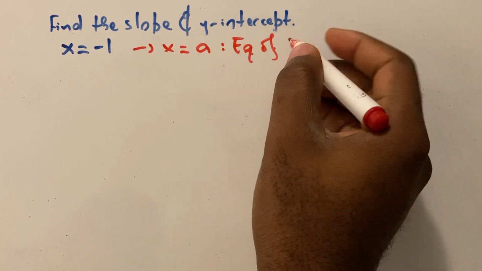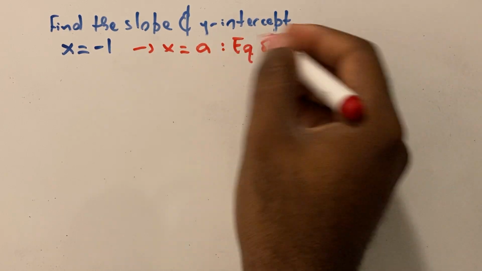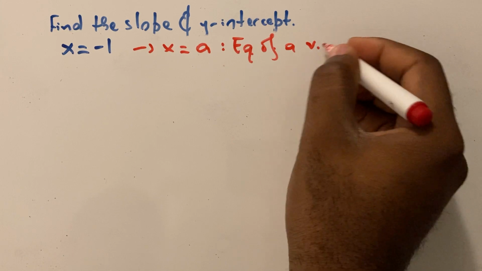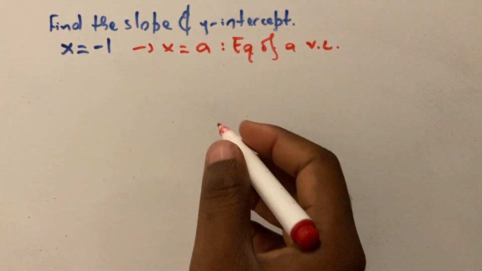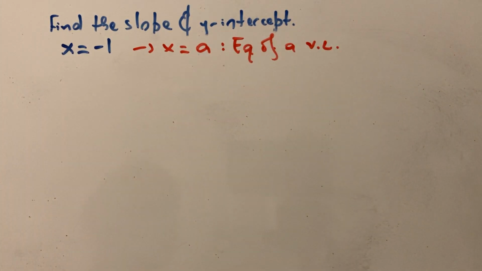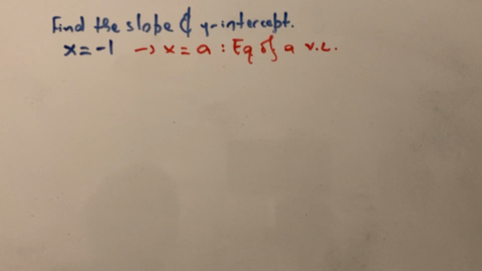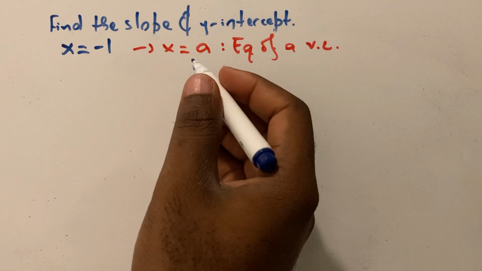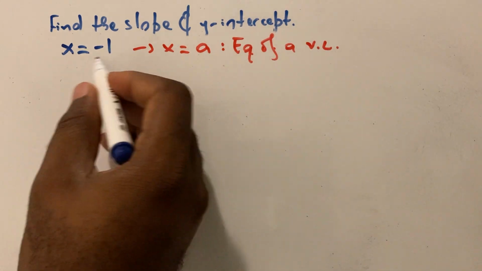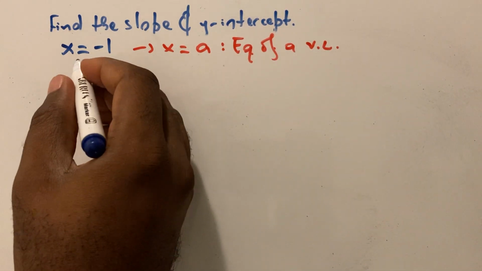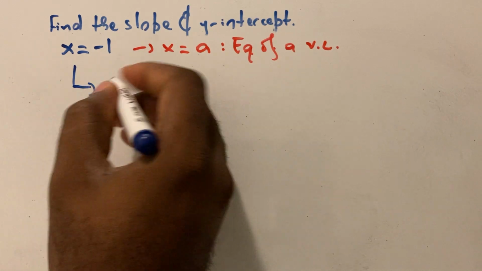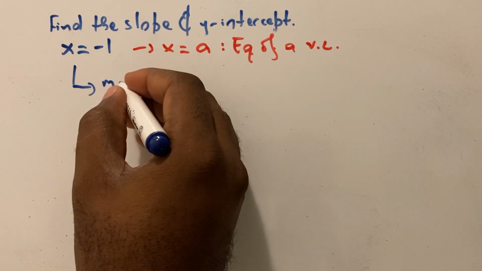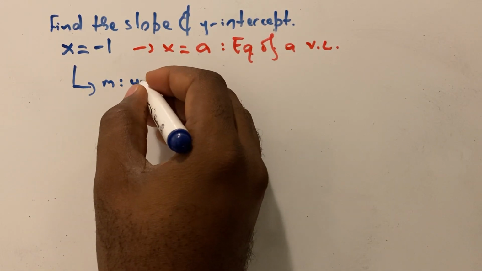I put VL right here for vertical line, okay? Now, since this is the equation of a vertical line, you wouldn't be able to do anything with this right here. All you gotta know is that for a vertical line, the slope m is undefined.